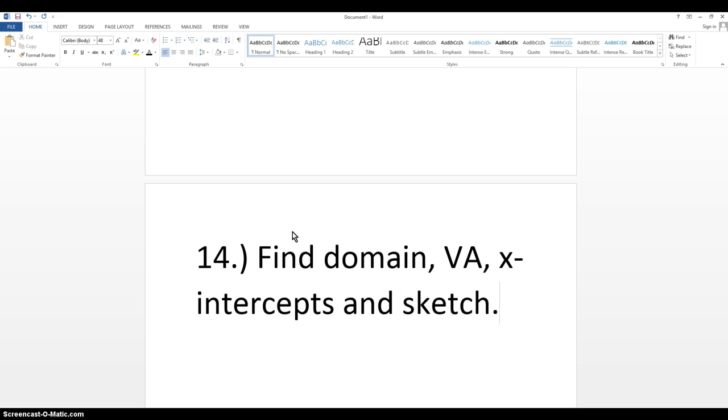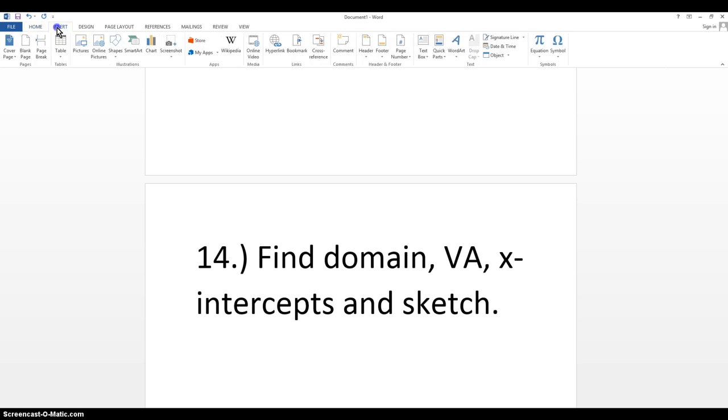Okay, I'm not too concerned with the sketching. We all know that log functions usually represent some type of exponential curve, but the main meat of this problem is to find the domain, VA, which is vertical asymptote, and the x-intercepts.